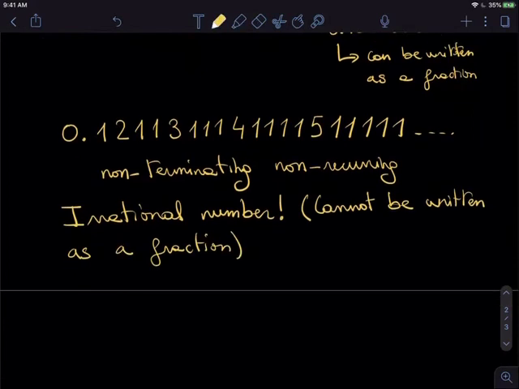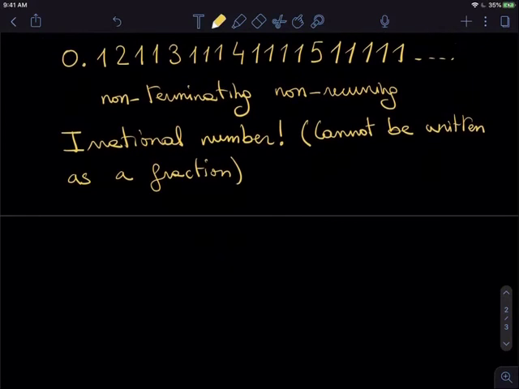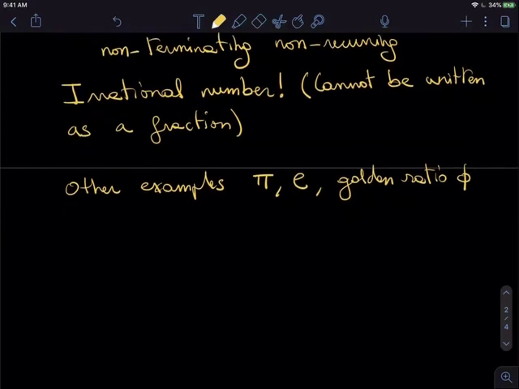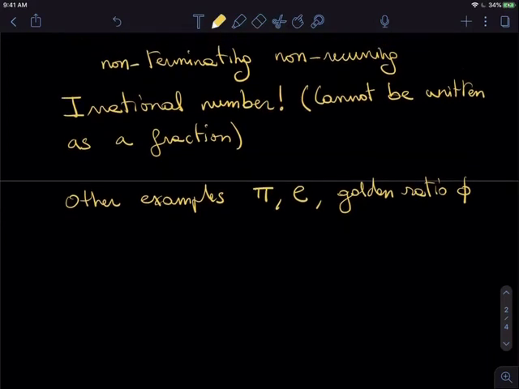Other examples of irrational numbers: we have the famous pi, the number e. We have the golden ratio. There are so many. So what happens when we put together the rational and the irrational numbers?